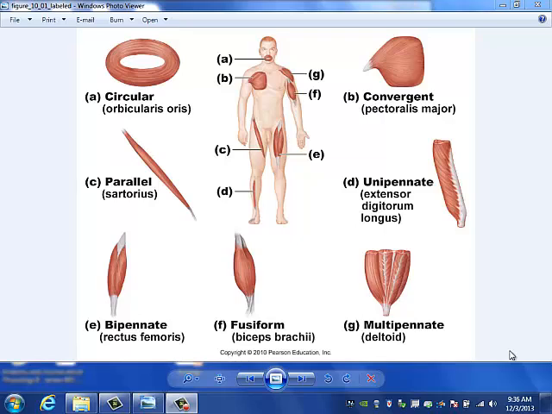When muscles move something, the direction of the fibers indicates how the movement happens. On page 320 in your textbook, you see a list under naming skeletal muscles of some of the different things involved.